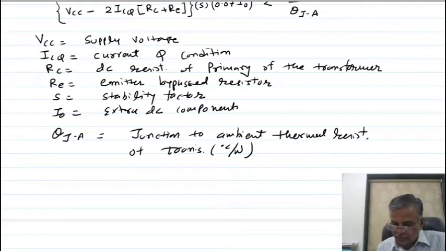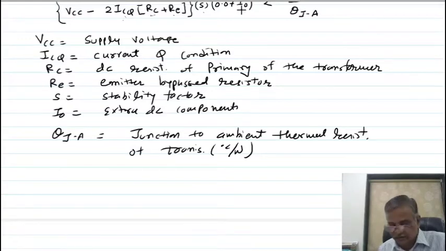See, this equation should be satisfied, where VCC is the supply voltage, this is your collector current at the Q point, RC is the DC resistance of the primary of the transformer, RE is the emitter bypass resistance, S is the stability factor, and I0 is the extra DC component.